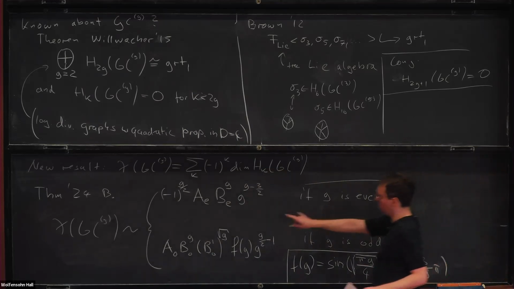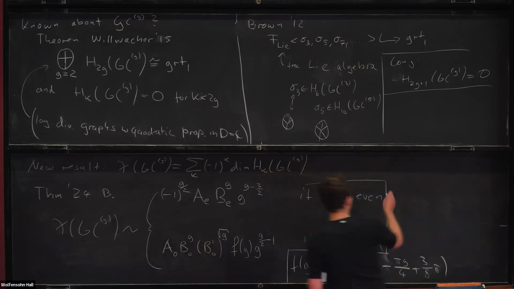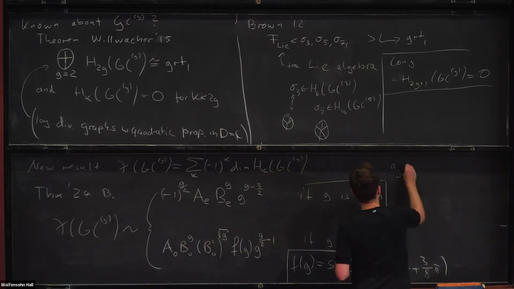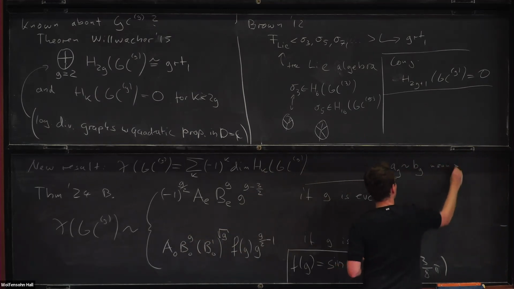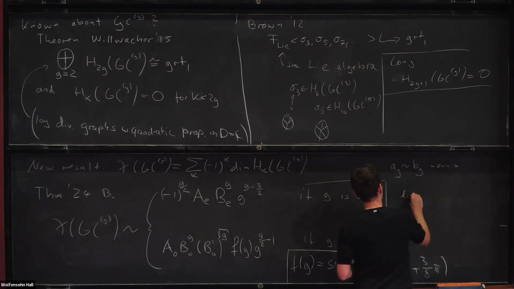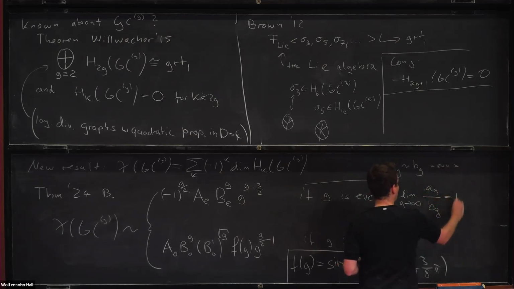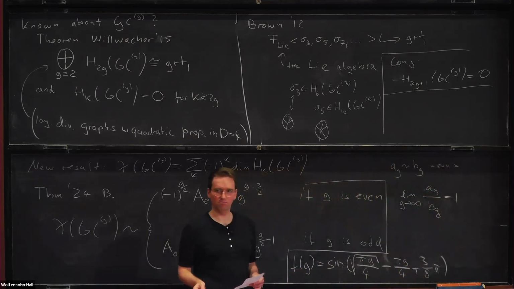And a statement on the notation here. a_g tilde b_g just means that the limit for g going to infinity of the ratio of a_g to b_g is equal to 1.